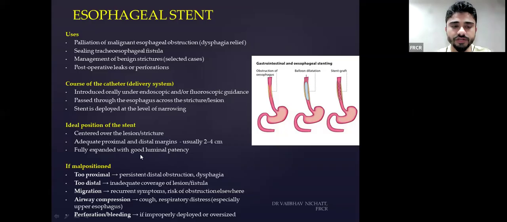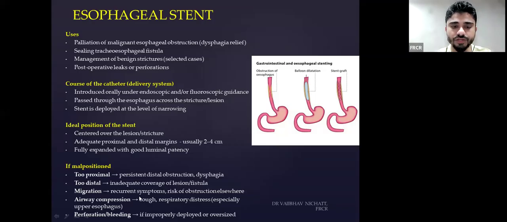What happens if it is malpositioned? If it is too proximal, it can cause persistent distal obstruction or dysphagia. If it is too distal, it can cause inadequate coverage of the lesion or fistula. Sometimes it can also migrate. If it migrates, it can cause obstruction or recurrent symptoms due to the underlying esophageal pathology.